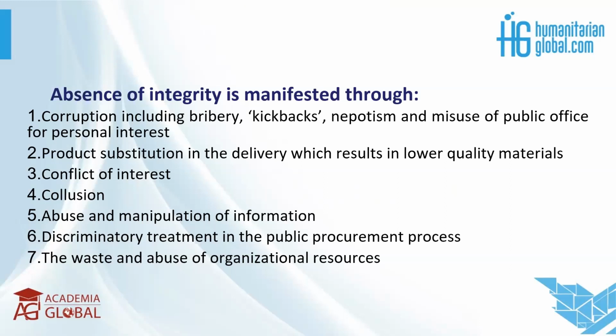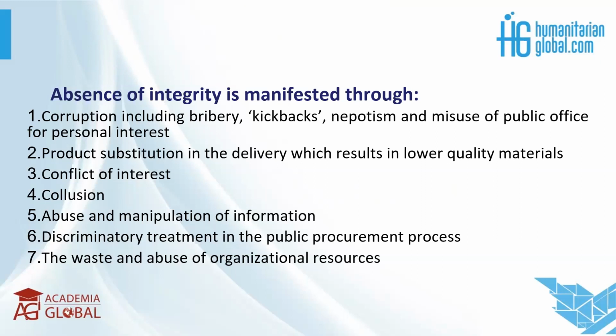The purchase order says quality B of the products, but you make an agreement with the supplier to bring a lower quality so that you can gain. So if the quality was quality B and you go to quality C, there's a saving that has been made and you split it with the supplier. That is what we mean by product substitution in the delivery.